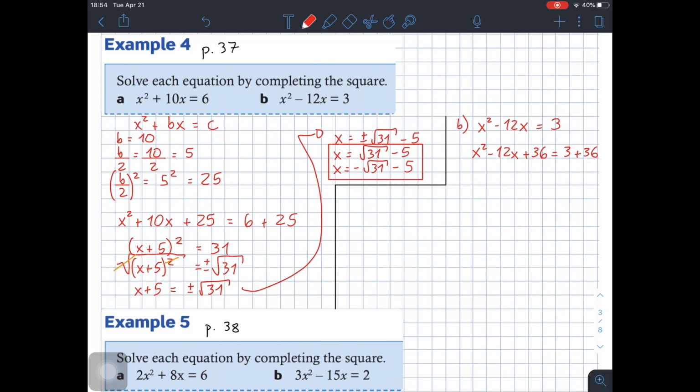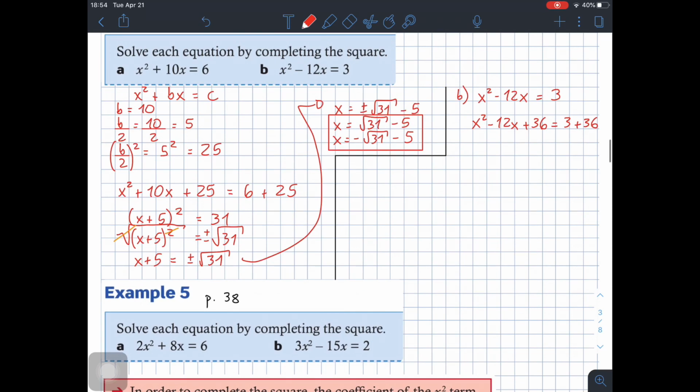So with this 36, we completed the square, and we can rewrite that expression as x minus, because we have a minus here, minus 6 squared, and that equals 39 in the other side, okay? So once we got here, this is easy to solve. It follows the same process as this.